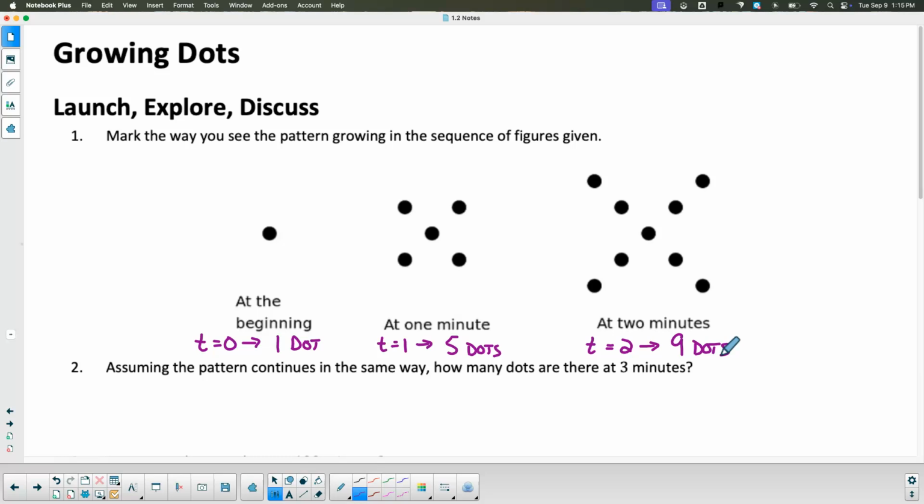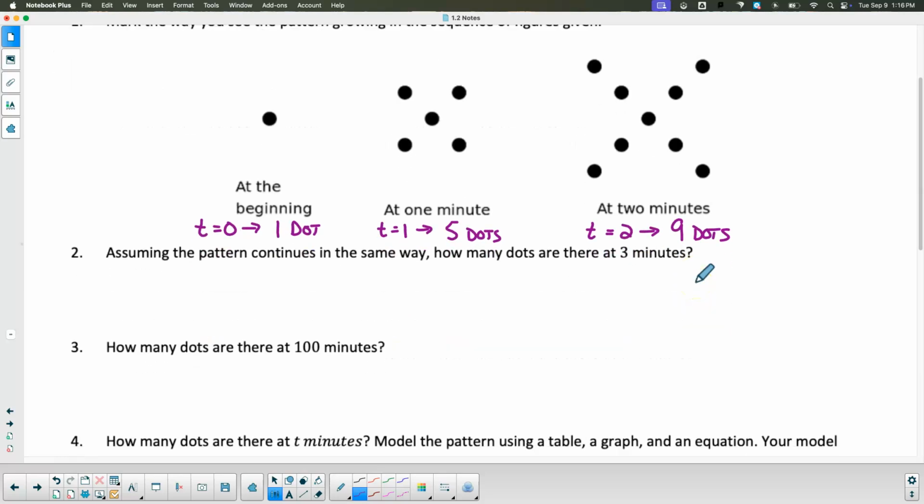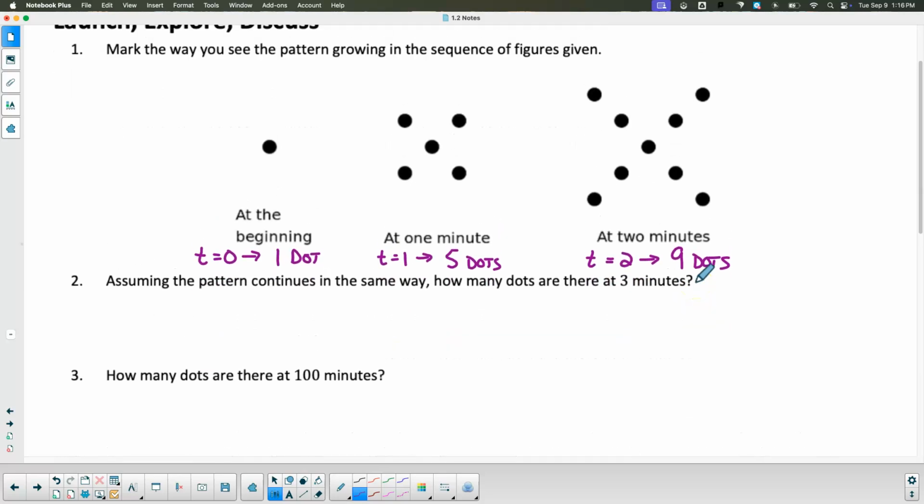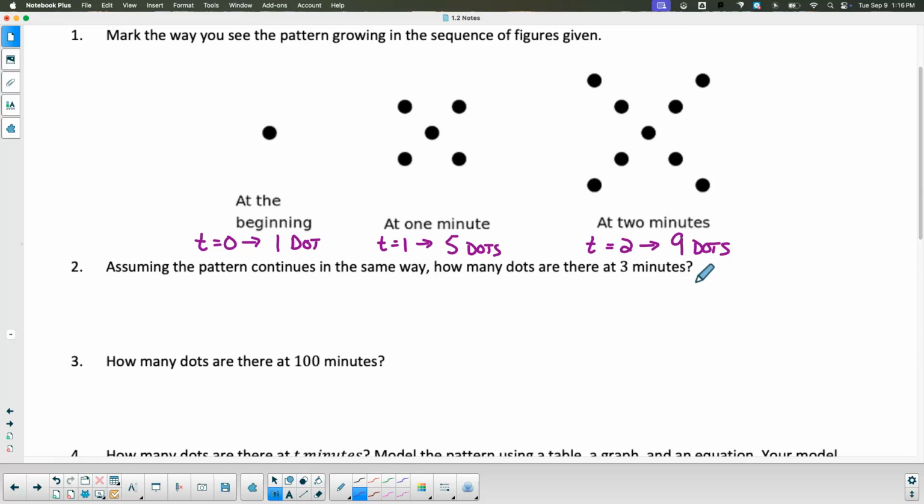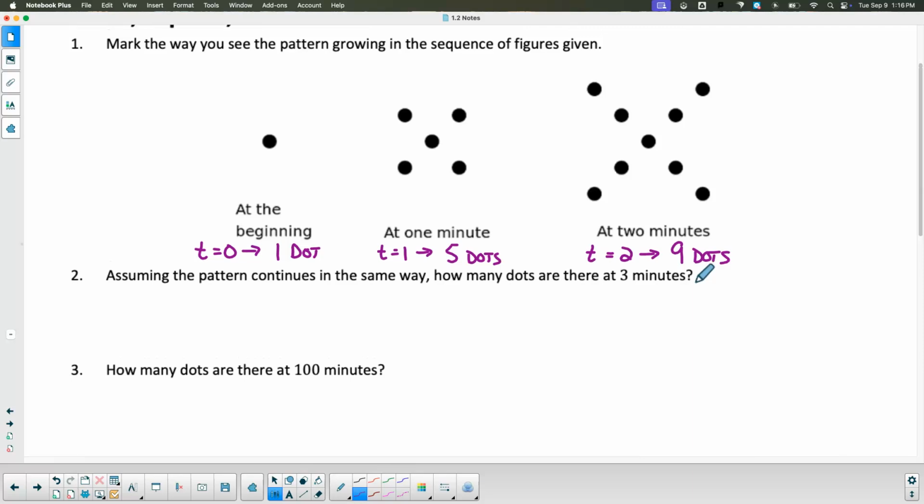Assuming that this pattern is going to continue in the same way, what would the next one look like? Okay, so what would the next one look like first, and then how many dots did we use in it? So what does it look like first? Okay, so we started with our center dot, right?